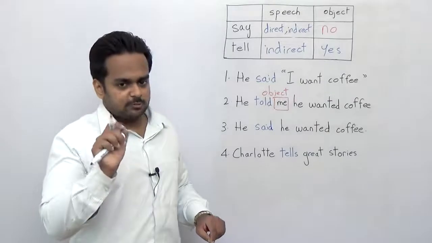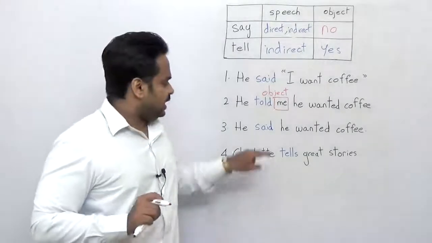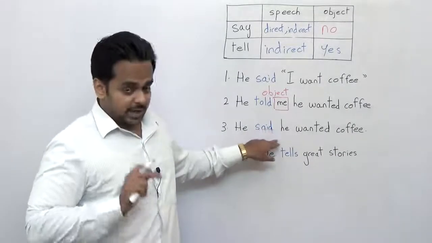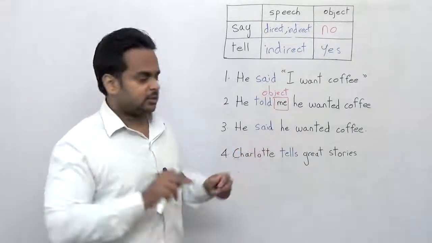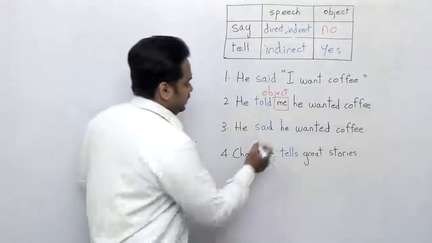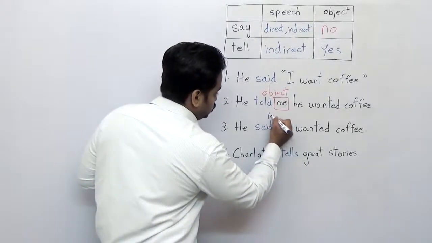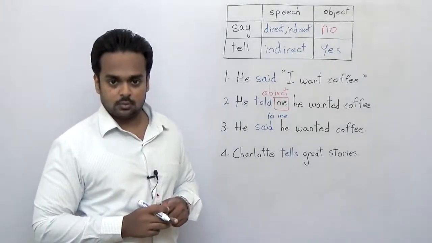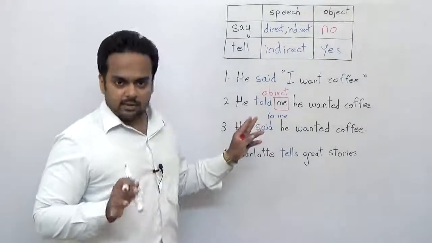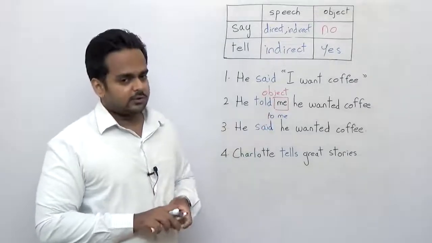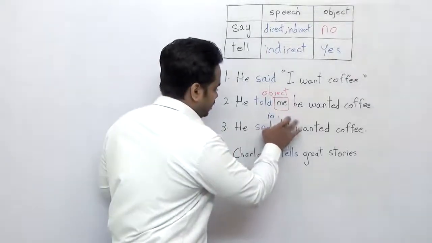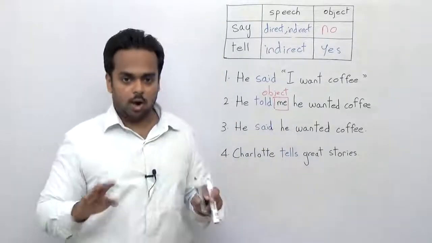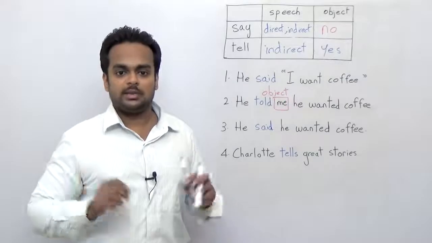However, there is one small exception to that rule. If you want to put this here, you can't put it. There's no object. But you can say, he said to me he wanted coffee. Okay? That is okay if you use to. However, that's not so common, so I'm going to take it off. Just remember, with say, no object. With tell, you always need an object.